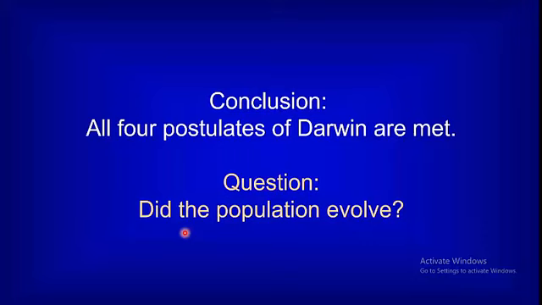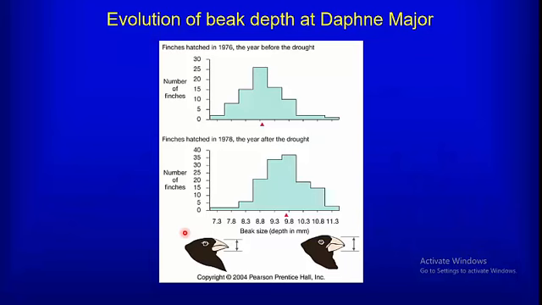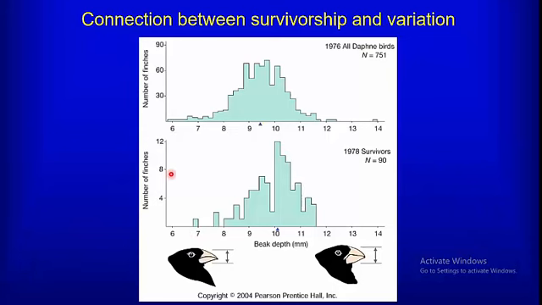So now the question is, did the population evolve? And remember, if you simply look at this and say the population has evolved, then it doesn't work. Because all that this is saying is that the larger-beaked guys survived better. However, the real thing is not whether these guys survived more, but whether they were able to also pass on this trait to the next generation, such that the frequency of these guys increased in the next generation or not.